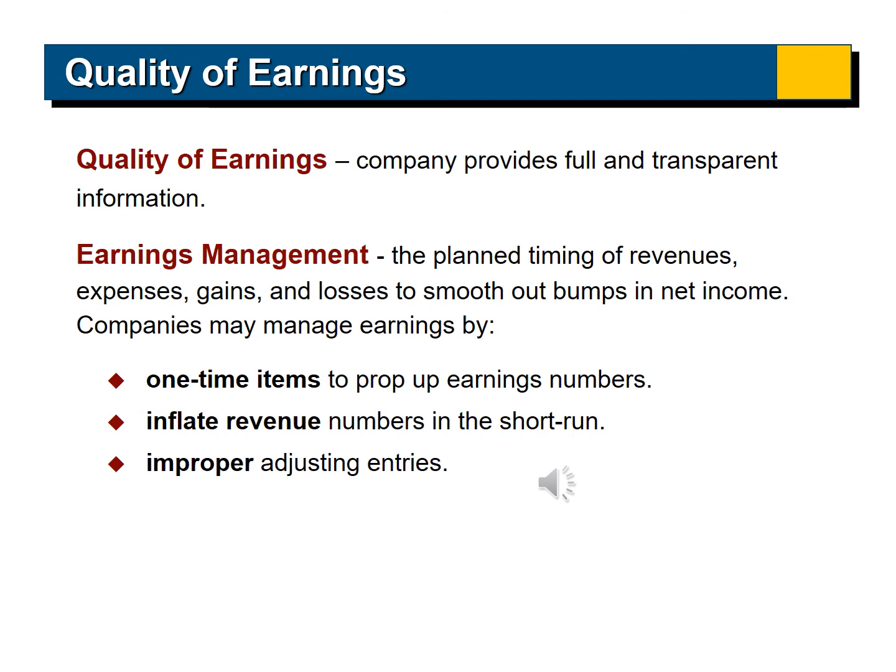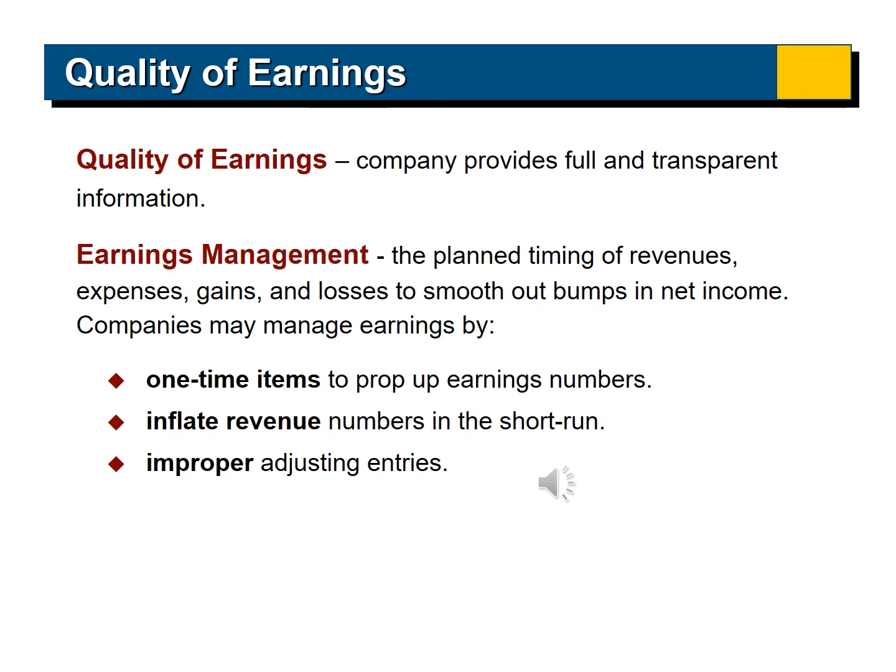The purpose of recording the adjusting entries and preparing the adjusted trial balance and then the financial statements from the adjusted trial balance is to ensure the quality of the earnings, to ensure that each item is recorded in the proper period when it comes to revenues and expenses.